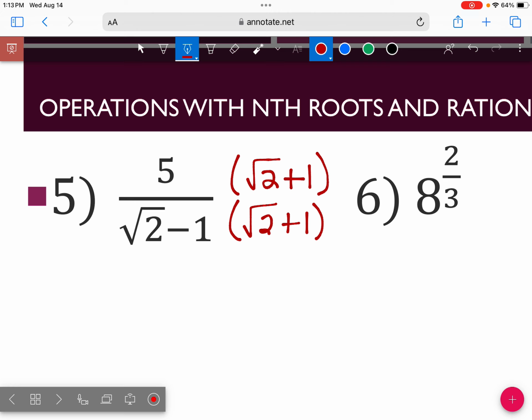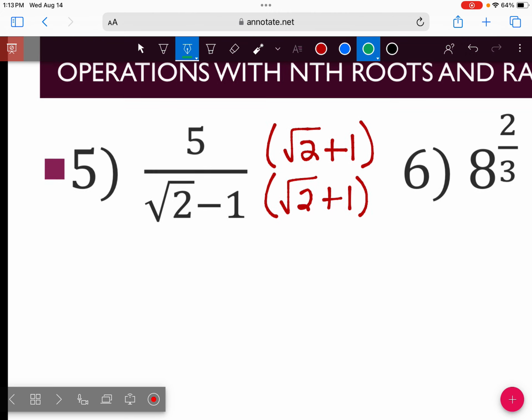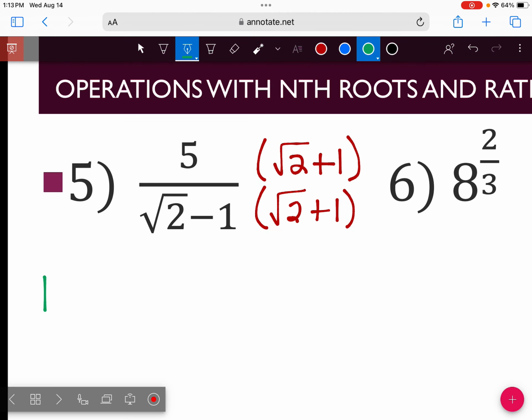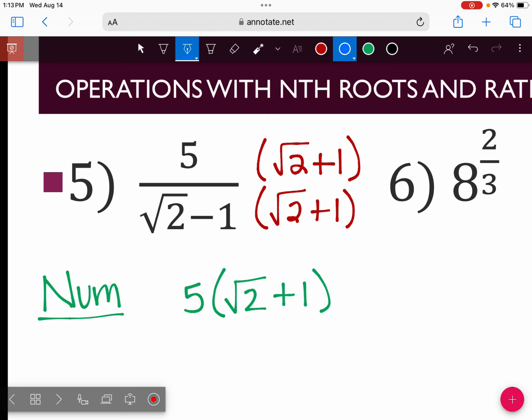All right, so let's go ahead and do that. Numerator. So for the numerator, I need to take 5 times the square root of 2 plus 1. So there's a 1 right here. So we're going to take that 5 and distribute the 5. See, I'm only multiplying it by that right here, though.